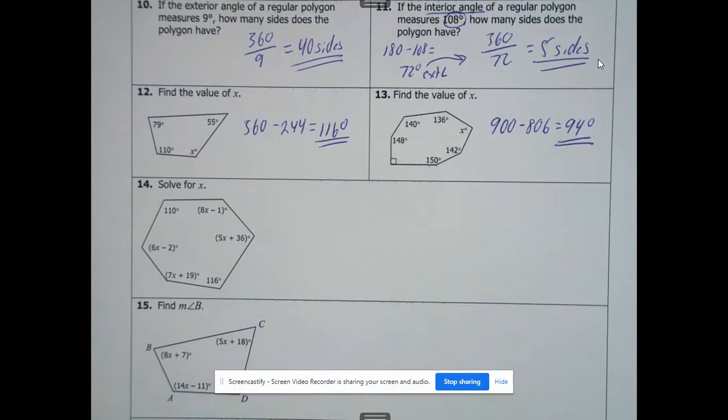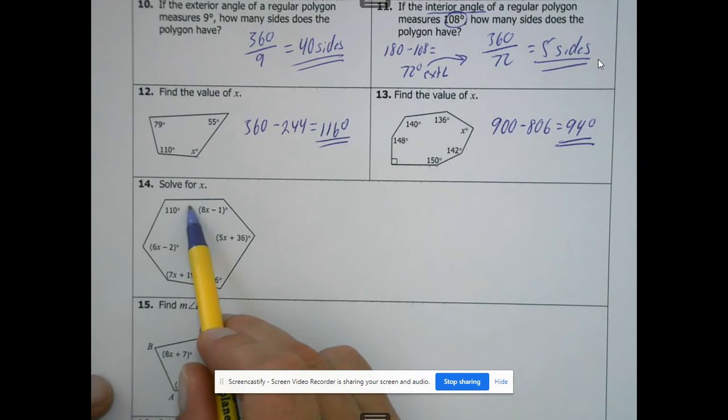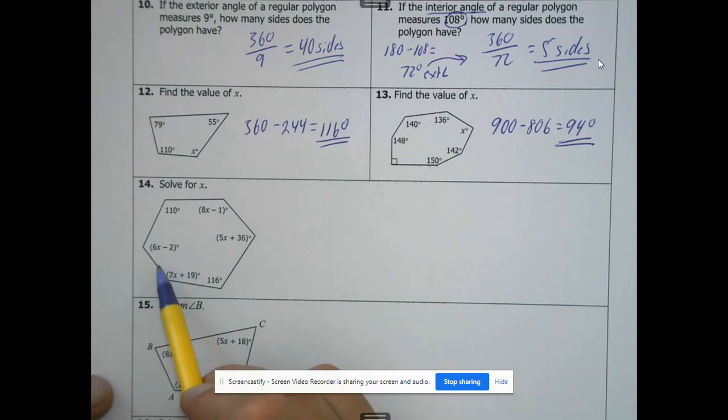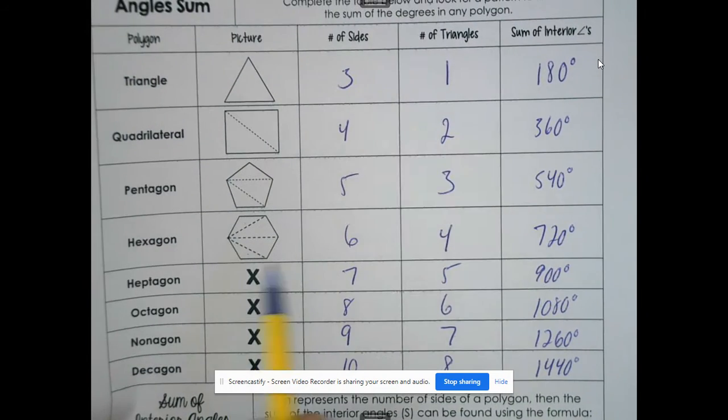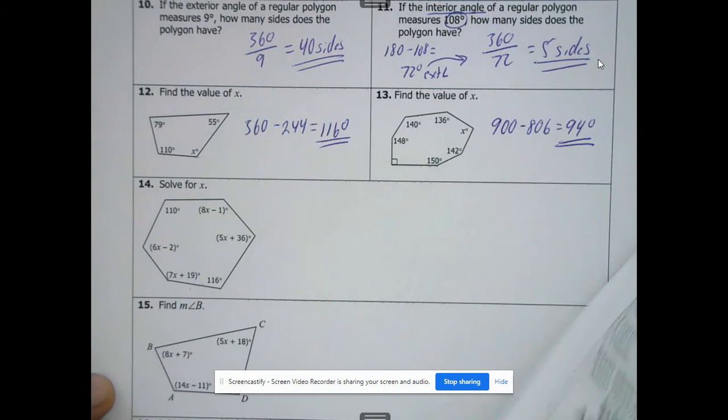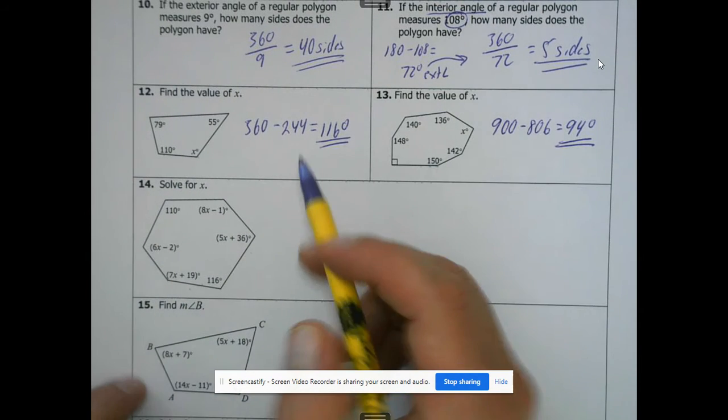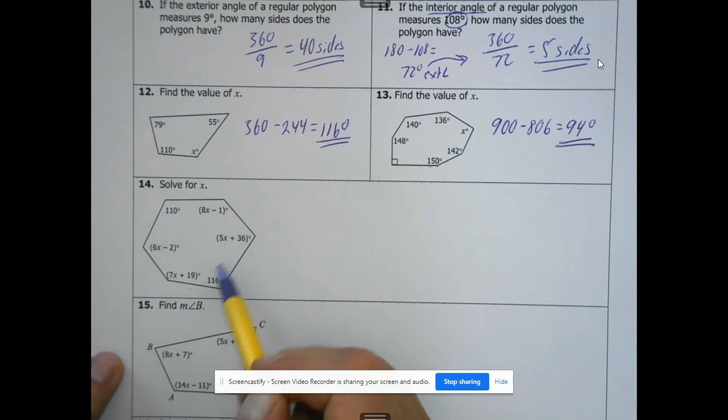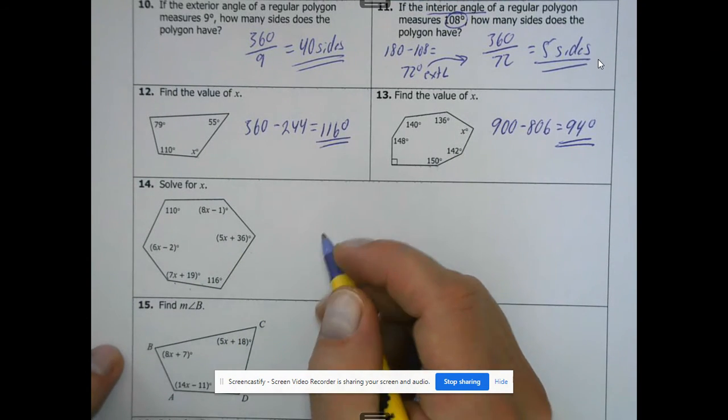All right, number 14. 1, 2, 3, 4, 5, 6. 6 sides, hexagon. That adds up to 720. All right, combine all of your like terms, equal it to 720. If you add up all of your x's, you have a total of 26 x's.